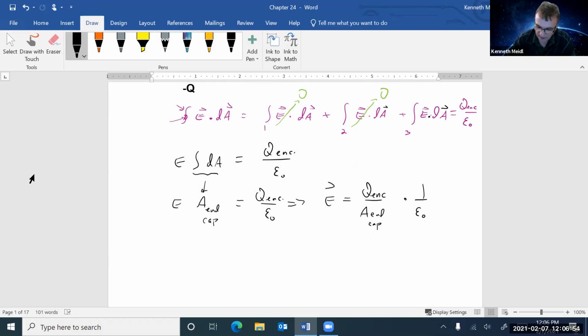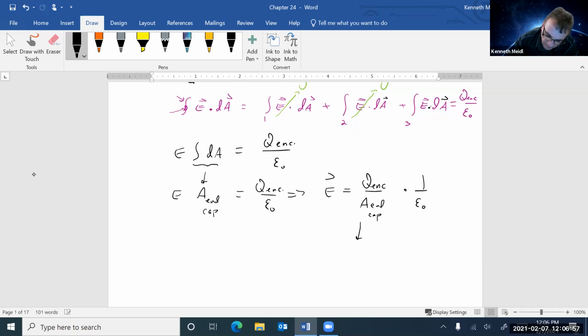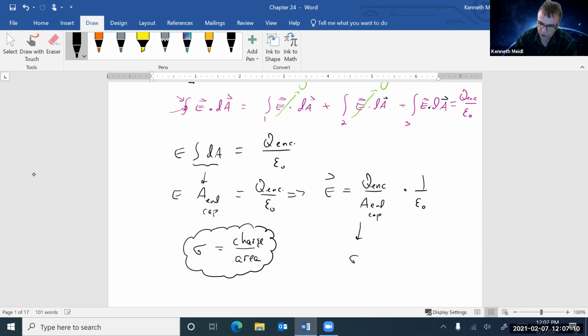But for the most part, the amount of charge I've got enclosed in the size of my Gaussian, people typically write this as sigma, where sigma is the charge per area. It doesn't really matter how big of a Gaussian you choose, because the charge per area is uniformly distributed across the plates, right?